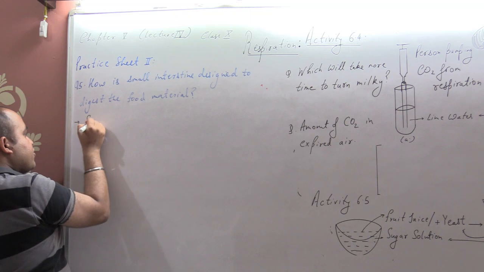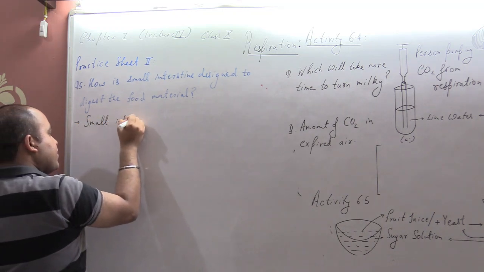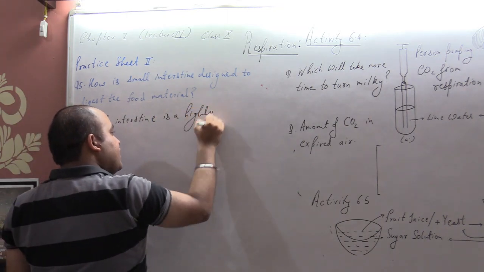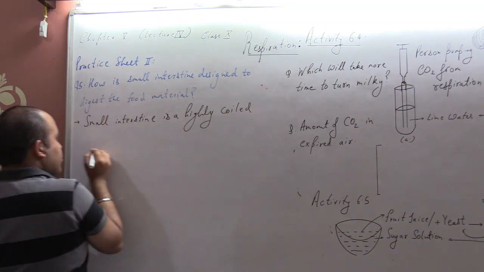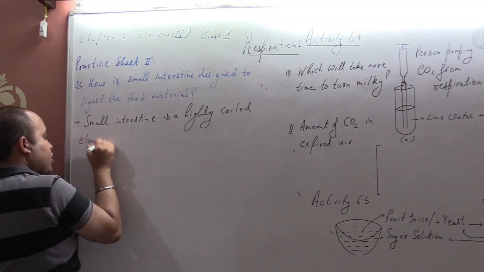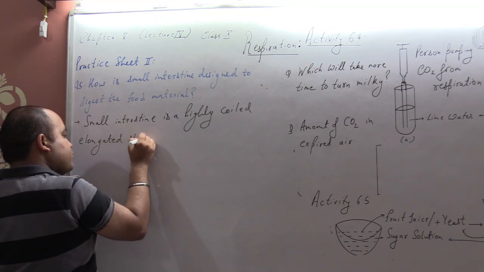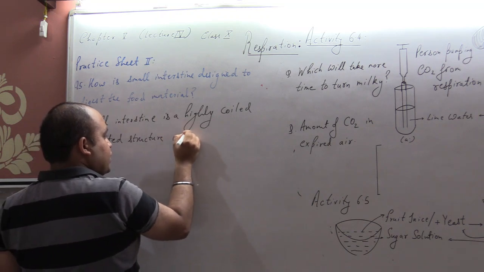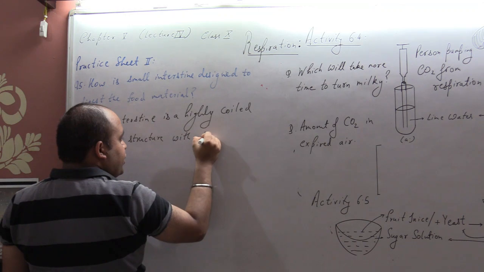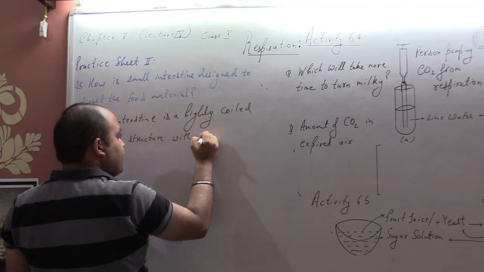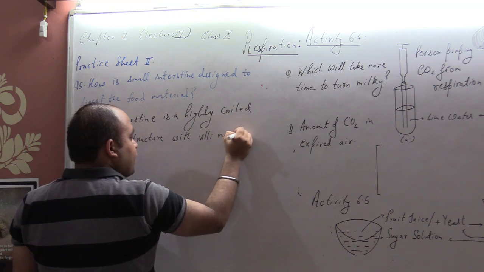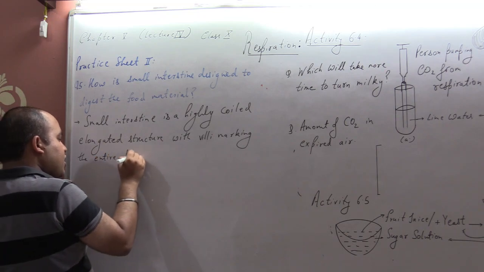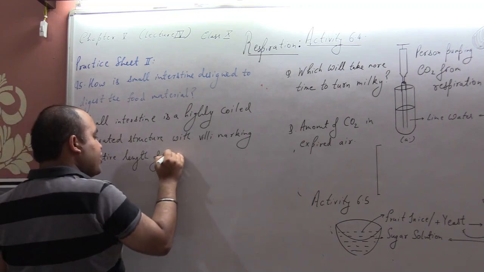The small intestine is a highly coiled, elongated structure with different villi marking the entire length of the alimentary canal.